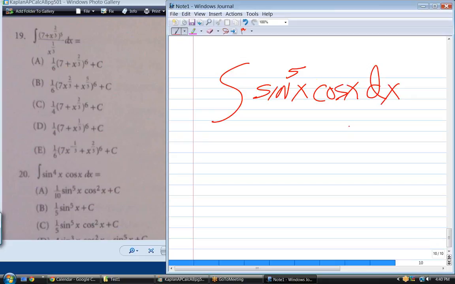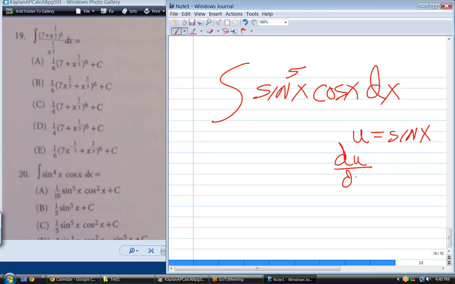In other words, let me show you how. If I'm going to integrate this by turning it into u substitution, my u is going to be sine x, because I want to end up with u to the fifth. I know how to integrate u to the fifth. I don't know how to integrate sine to the fifth. Well, the first step you do when you do u substitution is you try to figure out what du dx is.